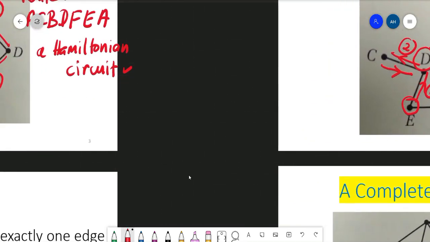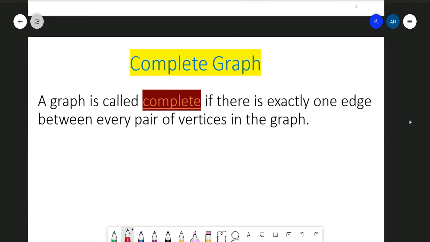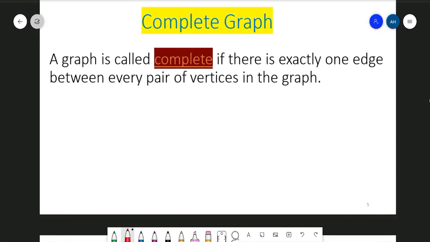All right. Now let's see the definition of another type of graph. We call it complete graph. What we mean by complete graph is that a graph is called complete if there is exactly one edge between every pair of vertices in the graph. Now suppose that, for example, we have three vertices. For example, we have A, we have B, we have C. Now suppose that we have an edge from A to B. We have like that.